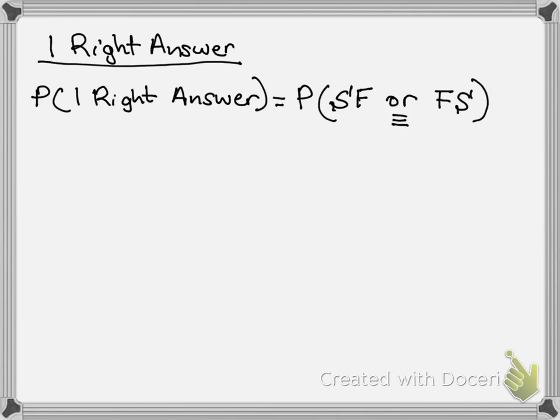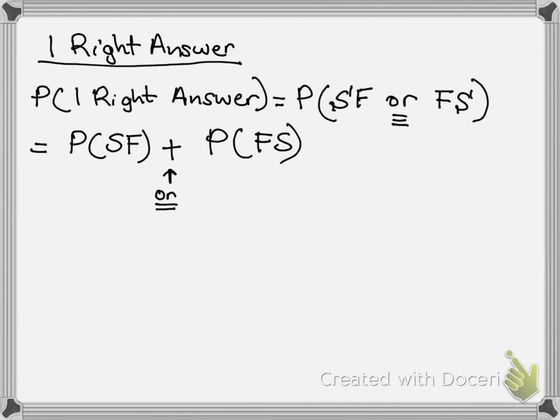Because we are using "or", that will be addition. So that's the probability of succeeding in the first and failing the second, plus the probability that you fail the first and you succeed in the second.